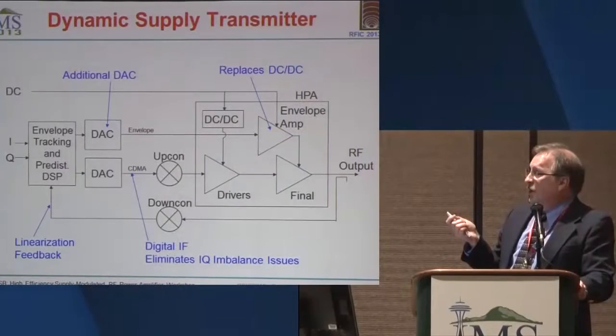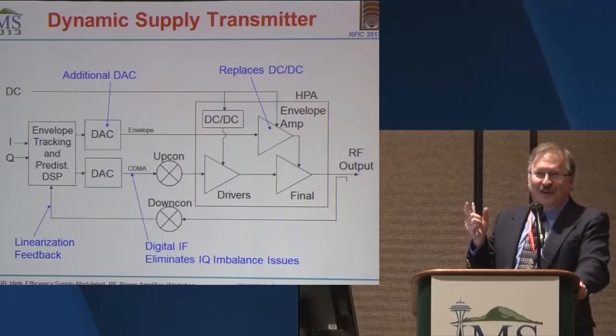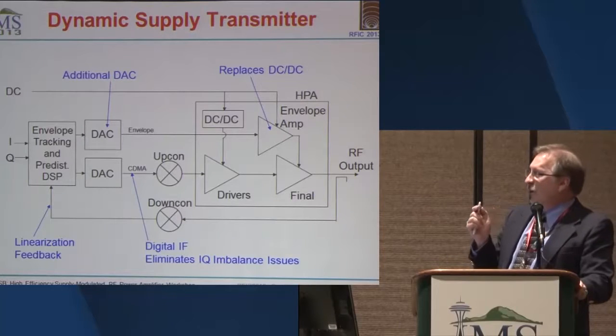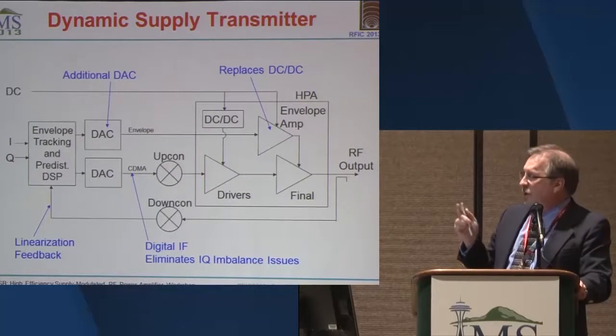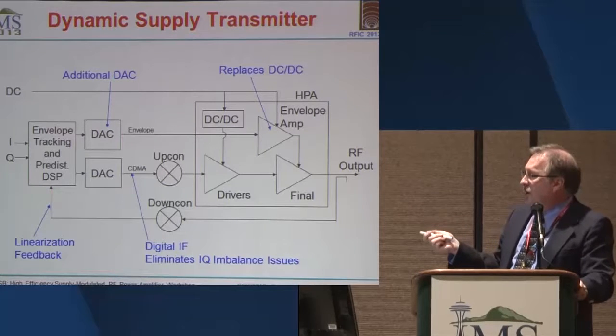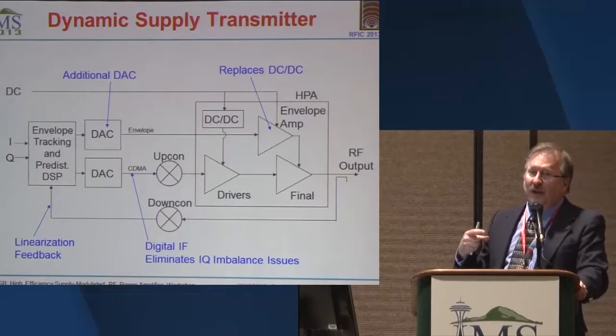So this is a general block diagram that you've probably seen in every presentation today so far, so I probably won't go into it in too much detail. One thing I do want to highlight is that at UCSD, we use this digital IF, which eliminates our IQ imbalance issues.